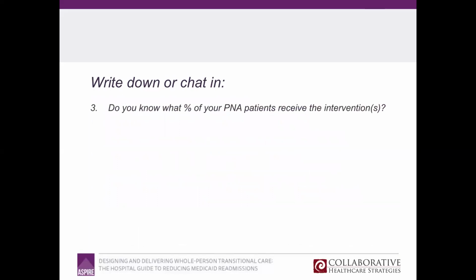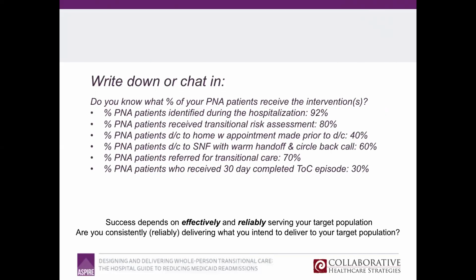Now the question is, those are the bright ideas, those are the good ideas, those are the strategies. Question number 3: do you know what percent of your pneumonia patients have received any or all of those great interventions that you want them to have? Where do we stand in terms of actual implementation?